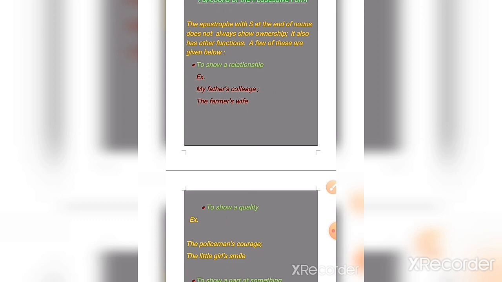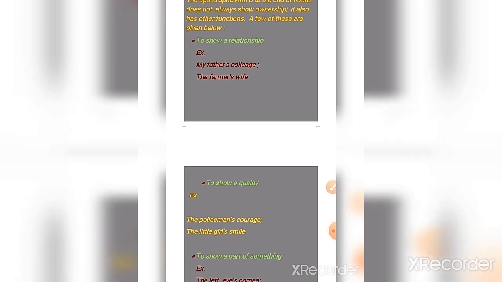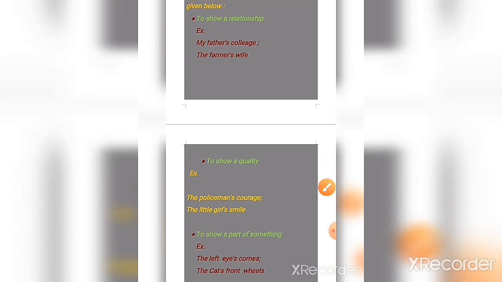Let us see what. First of all, it is used to show a relationship. How is a relationship shown by this? Let us see the example: my father's colleagues. This is a relation between father and colleagues, so it is used to show a relation between two nouns. Clear? Then farmers' wives. Here farmer plus wife, there is a relation between these two.